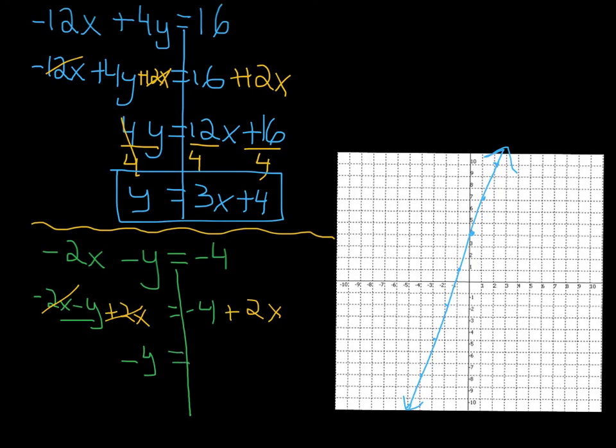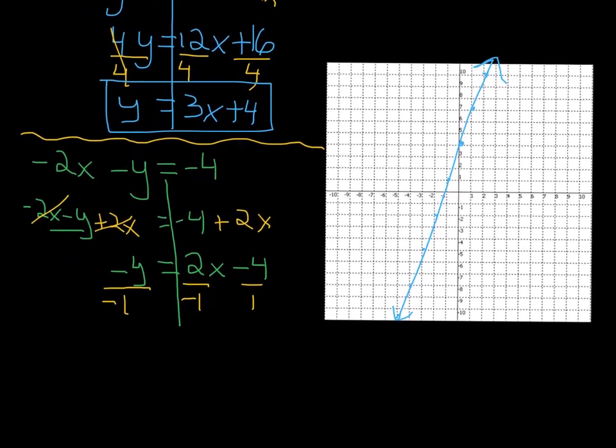If I'm going to flip these numbers so the slope is first, it'd be a positive 2x and then a negative 4. And to get rid of that negative y, I need to divide all sides by negative 1.